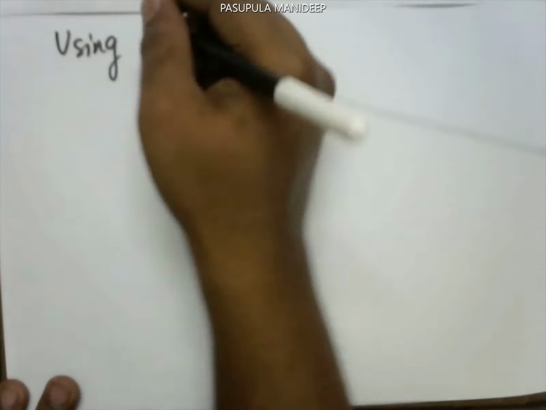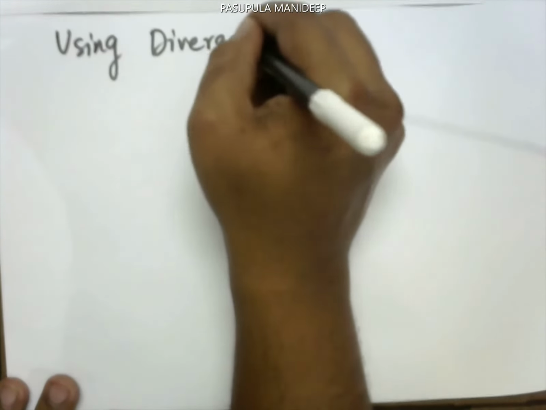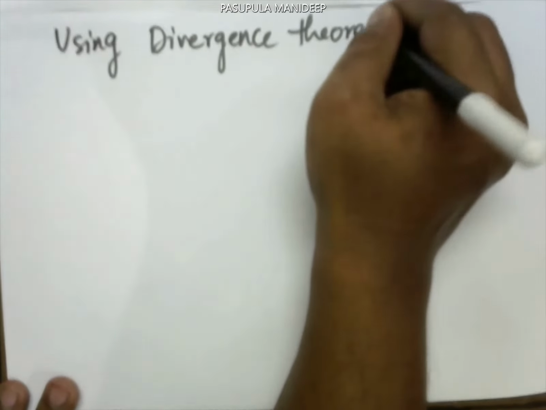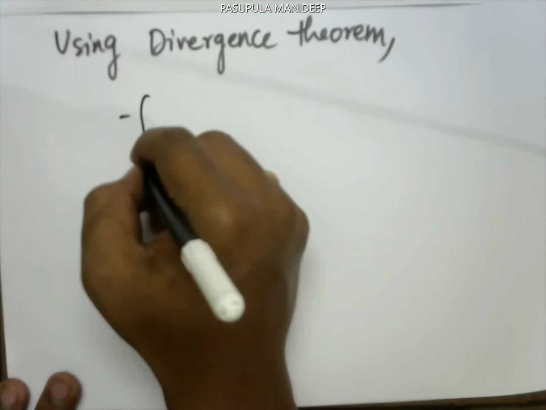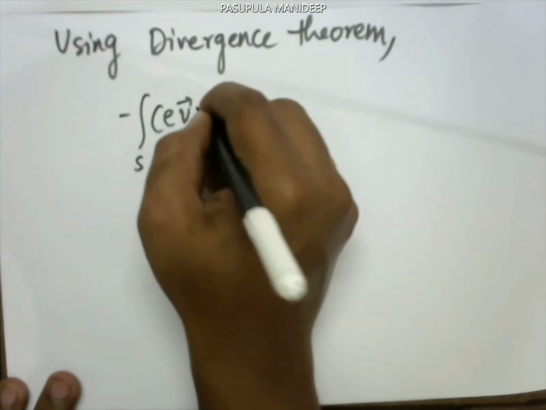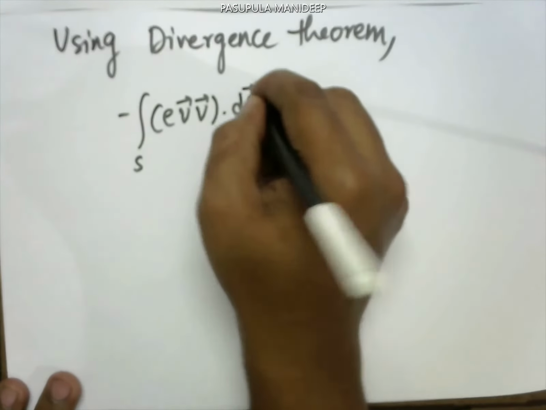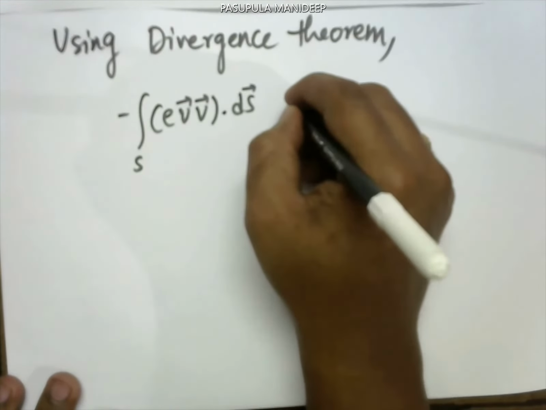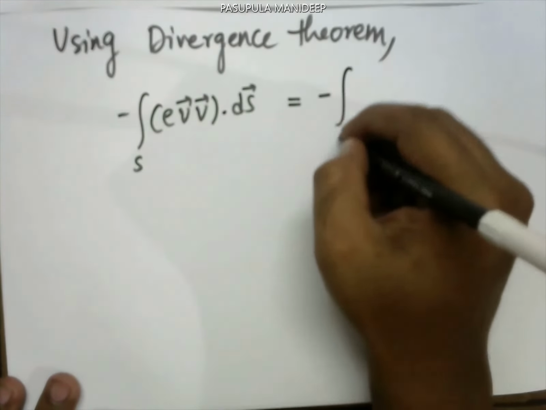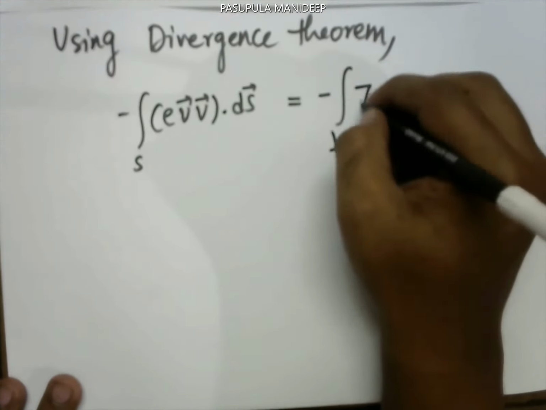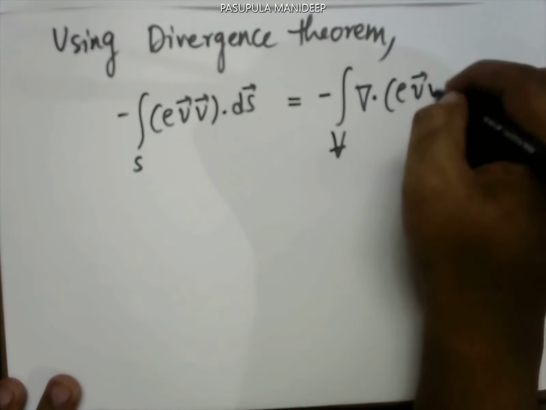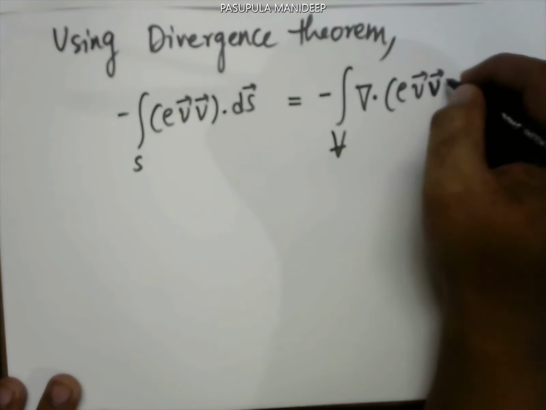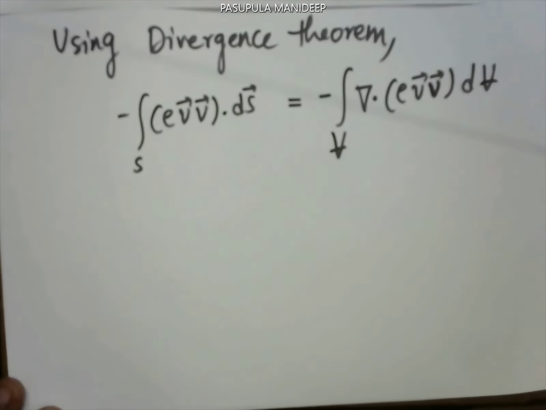By using the divergence theorem, we can write that surface integral as the volume integral of grad dot of rho v v into dV.